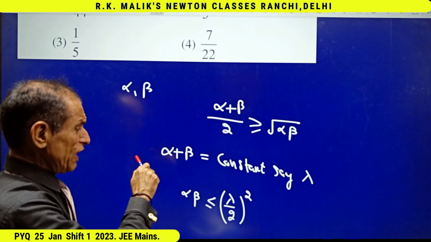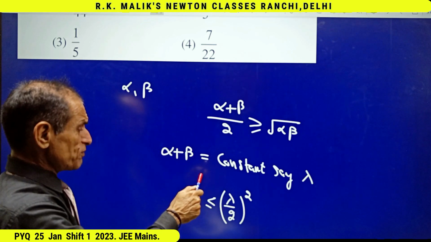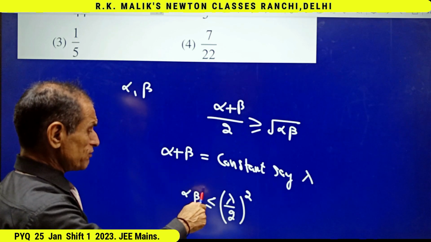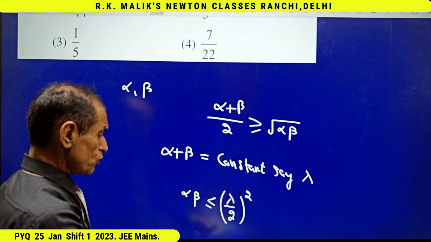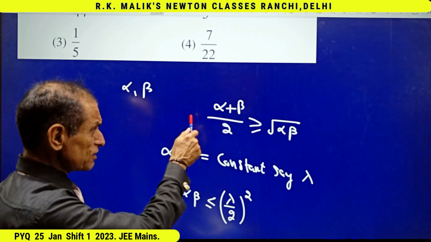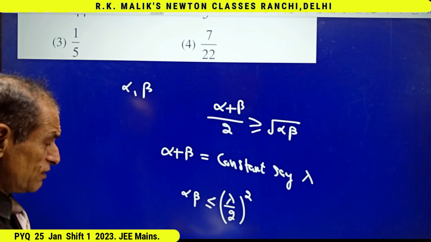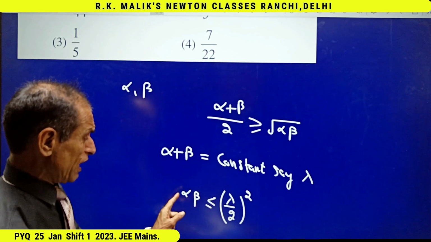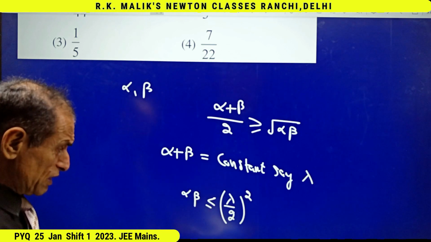I mean to say, if alpha plus beta is constant, then the maximum value of product of alpha and beta will be (lambda by 2) whole square, where lambda is the sum of alpha and beta. And this means equality will be possible when alpha and beta are equal.